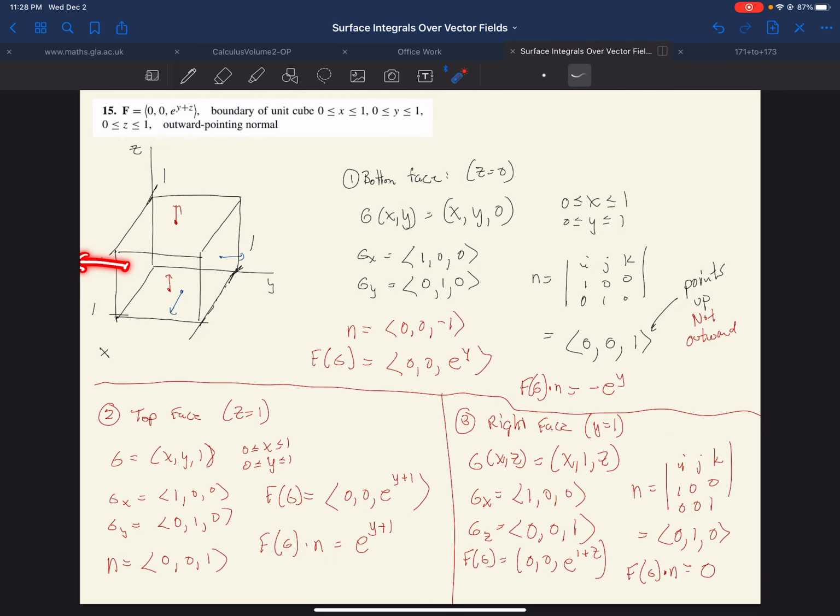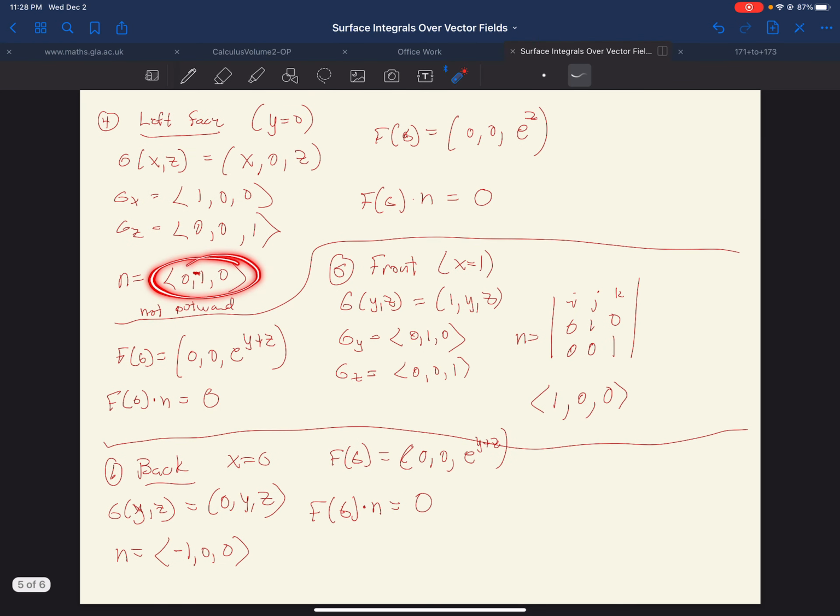I need it to point outside the box, so I had to add that negative in there. Feed the parameterization into f, so we add those two and put it as a power of z. 0 times 0 is 0, negative 1 times 0 is 0, and 0 times e to the z is 0. So that f of g dot n is 0, so the left face will not contribute anything to that integral.